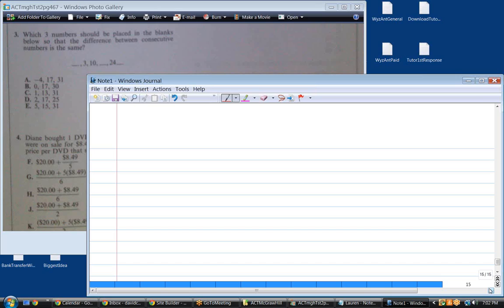Okay. Which 3 numbers should be in the blanks below so that the difference between consecutive numbers is the same? Also a very easy problem. In other words, we have a sequence of numbers here that are all separated by what amount?